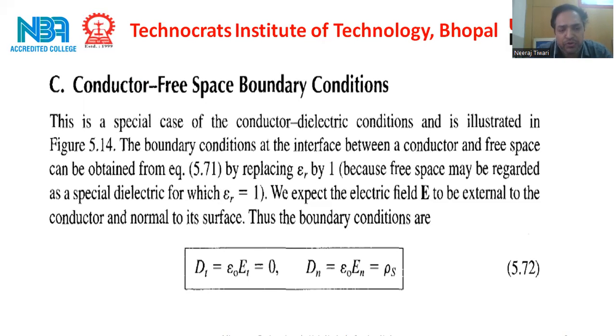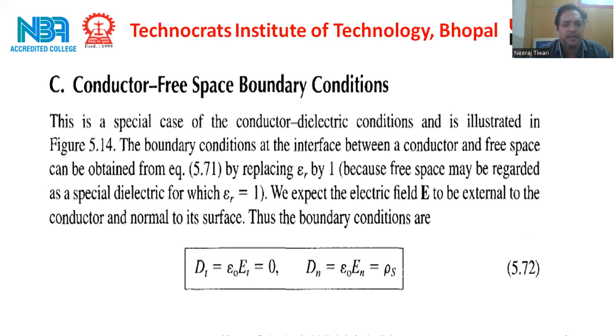So from the previous formula you have to put 1 in place of epsilon r, and then you will get Dt is equal to epsilon naught into Et, which is equal to 0, and Dn is equal to epsilon naught into En, which is equal to rho s. So it is very simple to evaluate boundary conditions for conductor and free space.